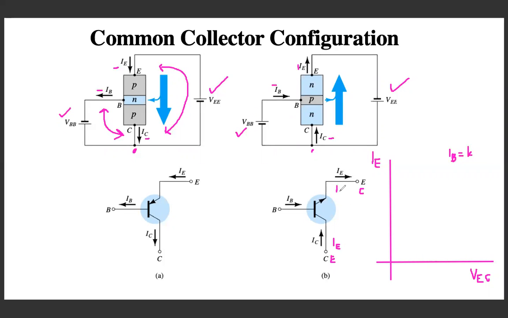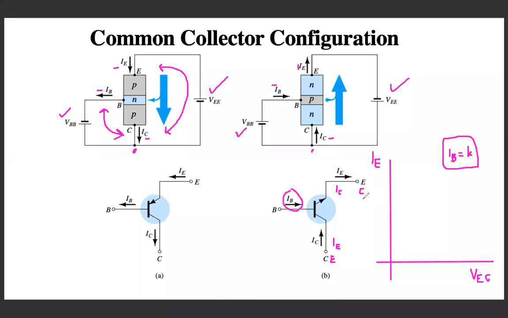That is the only difference between the common collector and common emitter configuration. The one thing that both of them have common is the base current IB. So this particular parameter is fixed for both the configurations. IB is constant and IB is the driving input current.